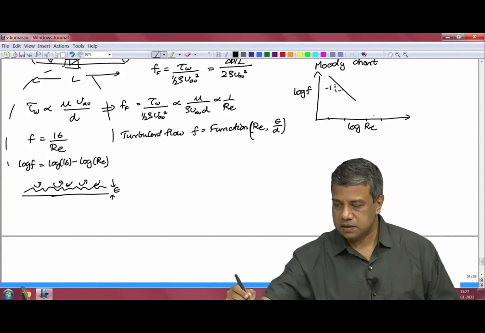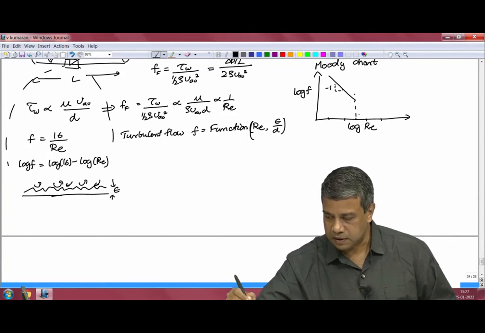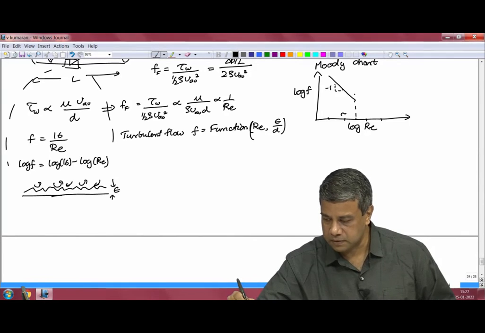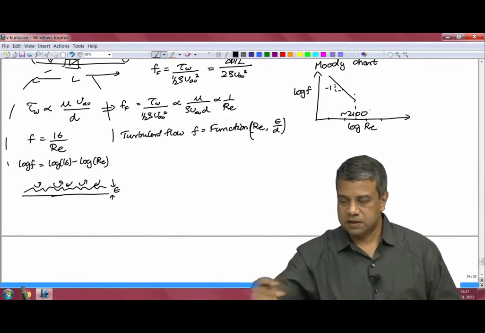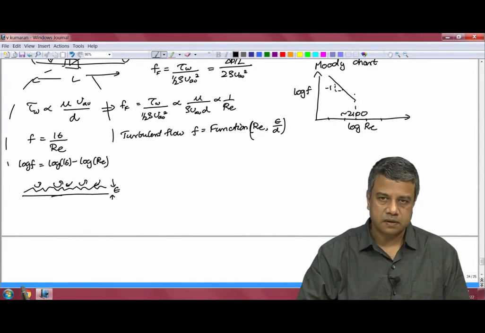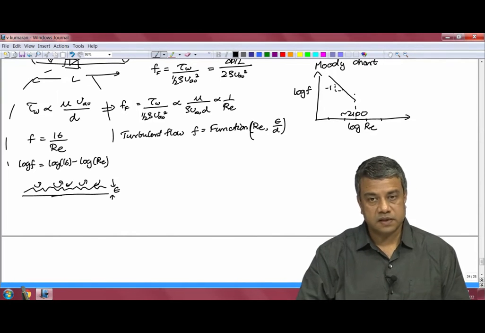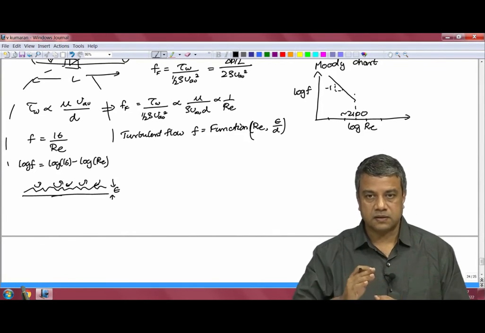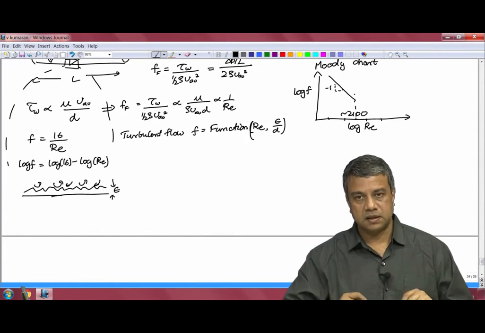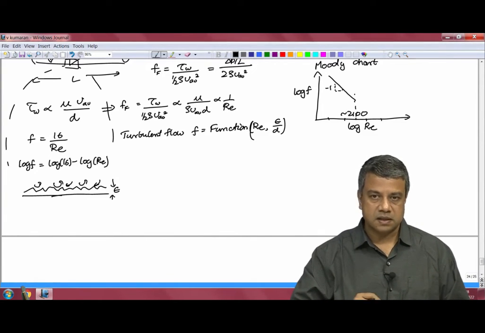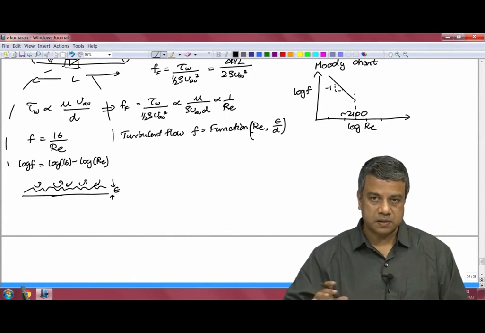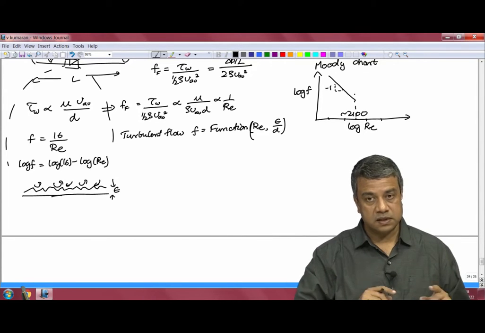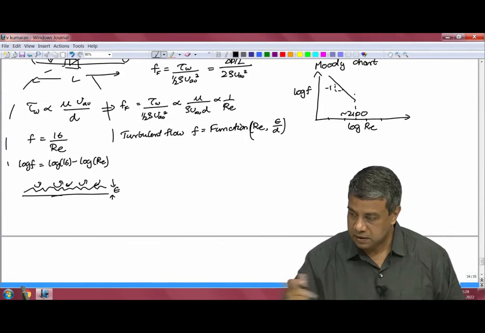And at the transition Reynolds number of about 2100, I said that it is not an exact value, there is a transition that takes place to a turbulent flow. The friction factor increases discontinuously at that transition. This is not a continuous change. When there is a sudden transition to turbulence, there is a sudden increase in the pressure drop that is required to drive the flow, and therefore, a discontinuous increase in the friction factor.